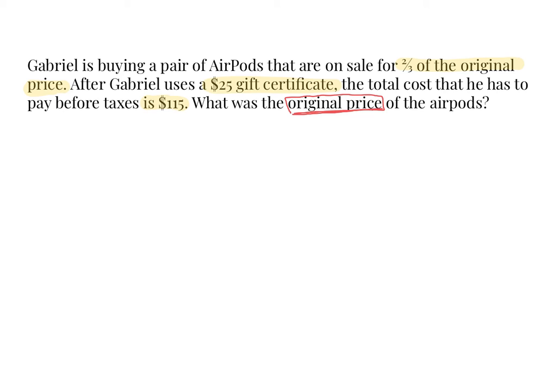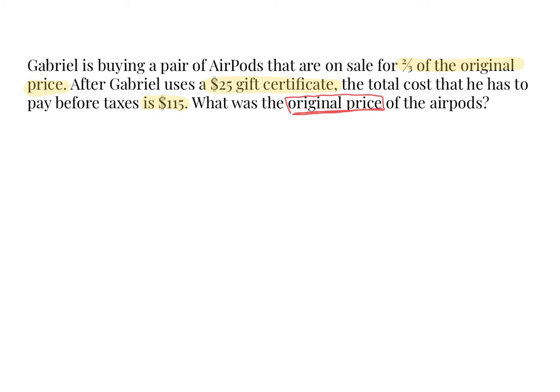Step 2 is to create some sort of plan. Because I am studying equations, I am going to write some sort of equation to model what's happening so that I can solve for the unknown. So, 2/3 of original price.